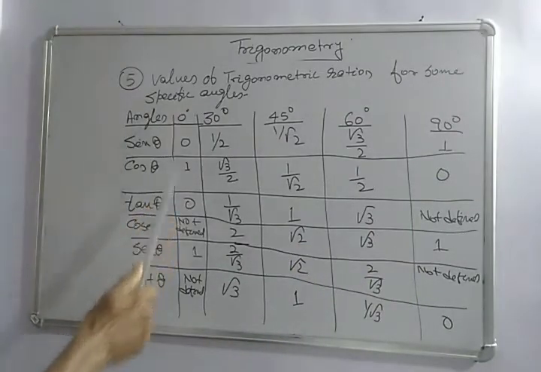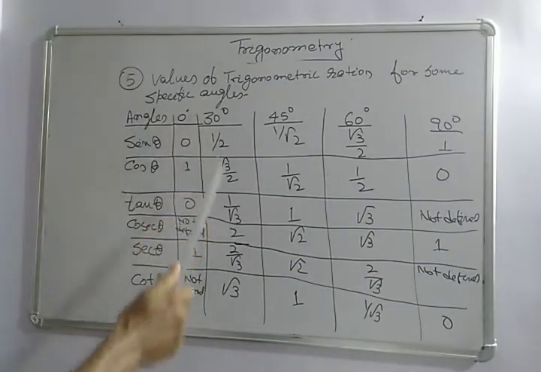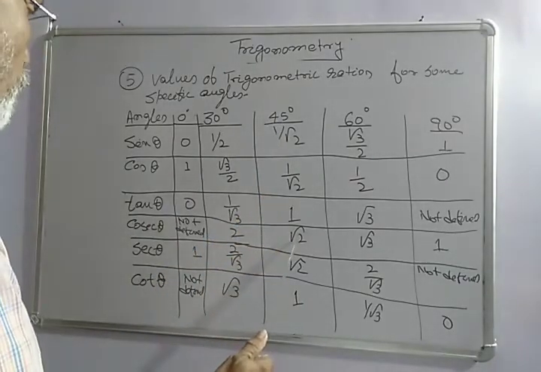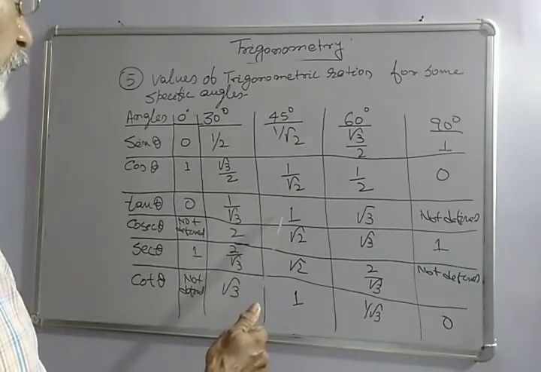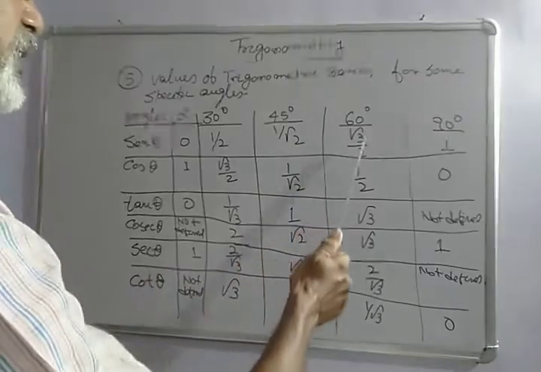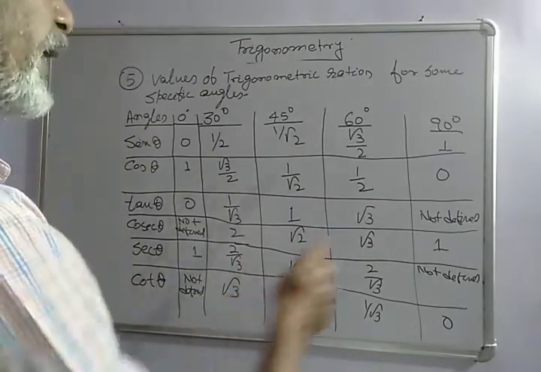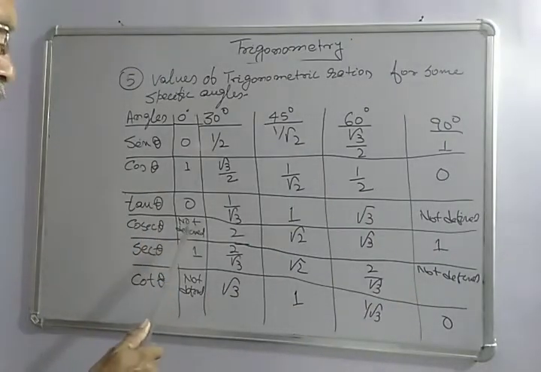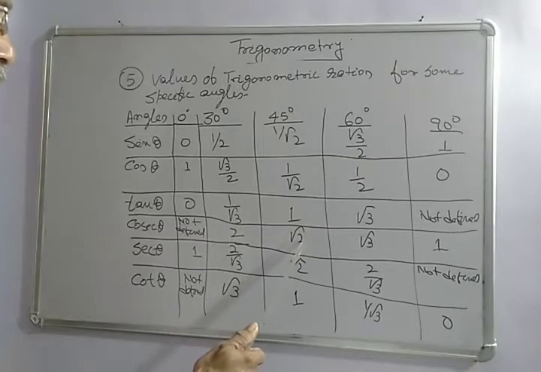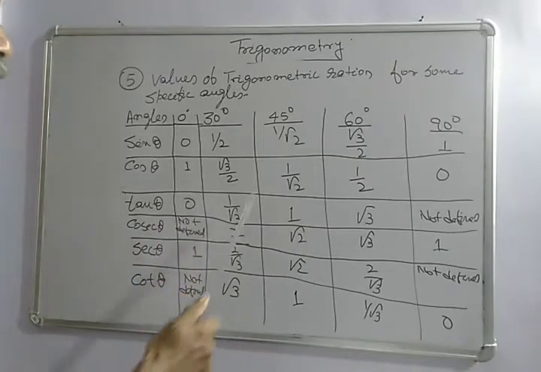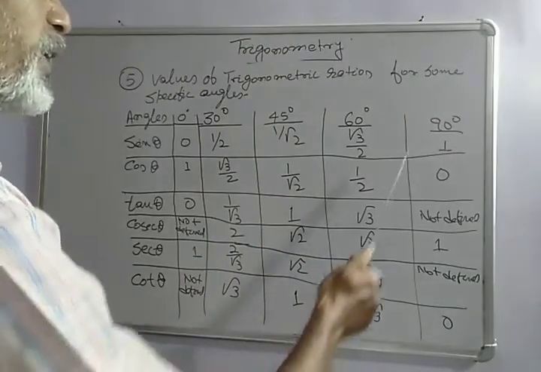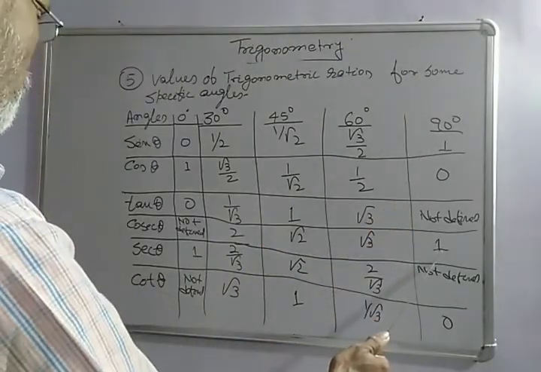Tan 0 is equal to 0, tan 30 is 1 by root 3, tan 45 is 1, tan 60 is root 3, tan 90 is not defined. Similarly, cosec 0 is not defined, cosec 30 is 2, cosec 45 is root 2, cosec 60 is root 3, cosec 90 is 1.